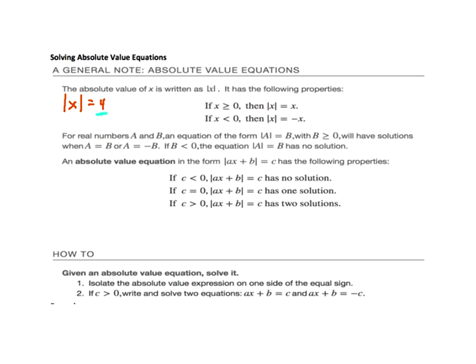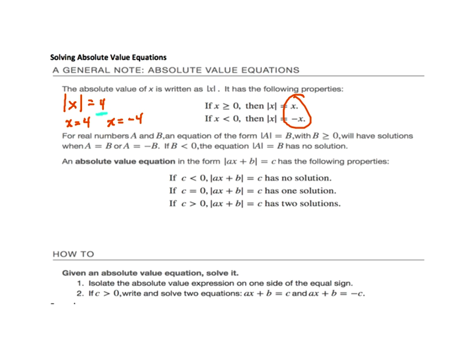So we actually have two values that end up lying a distance of 4 away from the origin. We have the value in the positive direction, which is 4, because 4 lies 4 units away from the origin, or we have the value in the negative direction, which is -4.